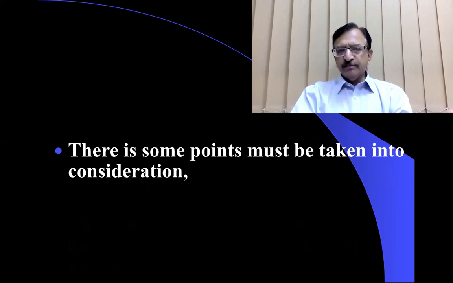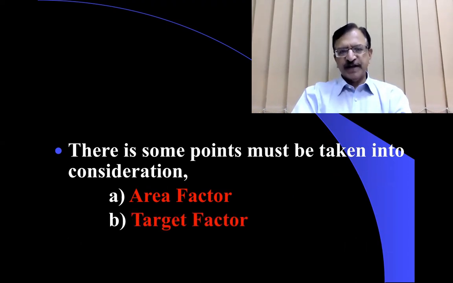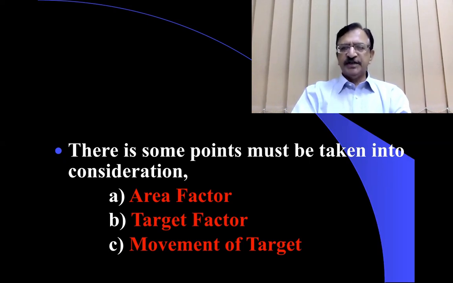There are some points which must be taken into consideration: the area factor, meaning the area at which the weapon is going to strike; then the target area; and the role of movement of the target. These points should be kept in consideration when we explain a wound.